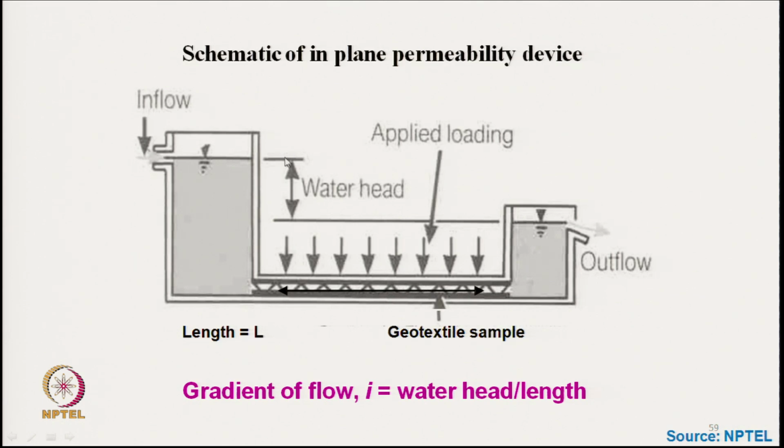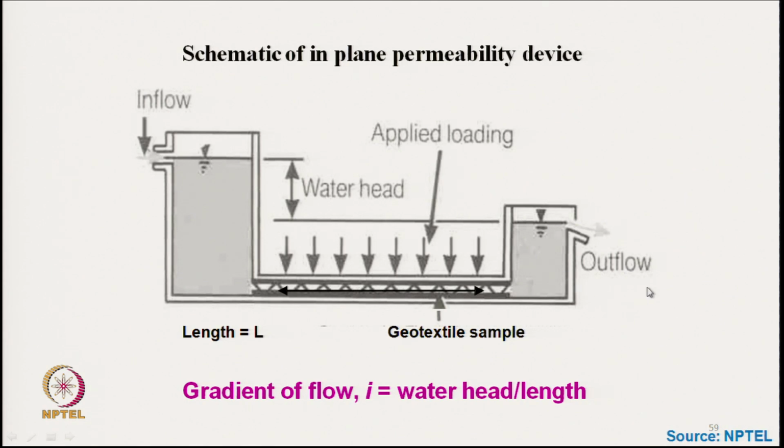From there we can calculate the water head, and this water head is kept constant for a particular test, and we can change the water head by changing the inflow height. Water is constantly flowing and allowed to overflow, so that we can maintain constant head.